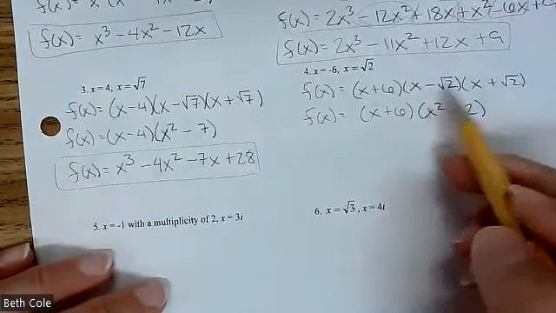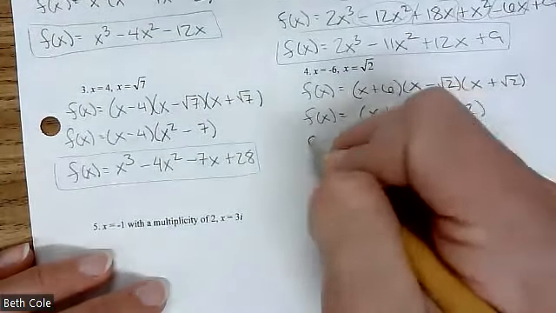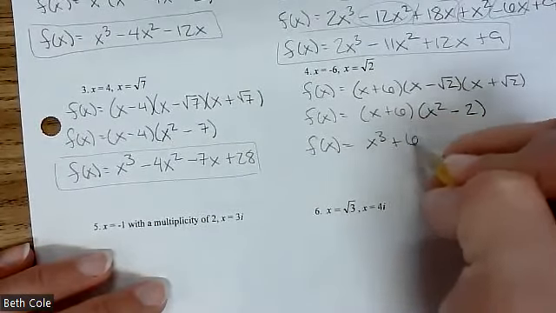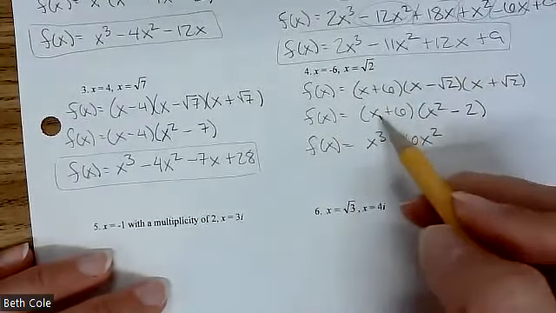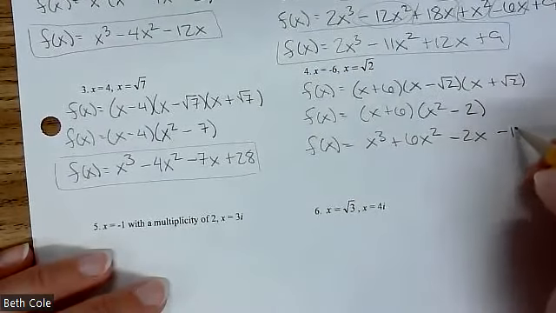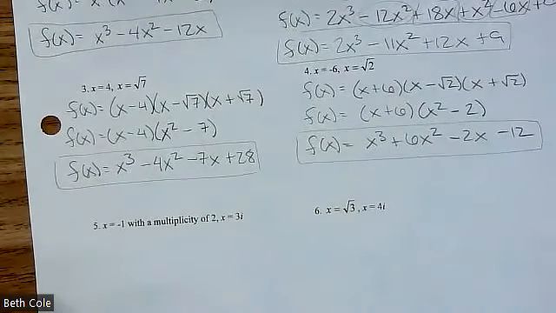Perfect. A negative times a positive is a negative, so it'll be minus. And then these roots cancel out. You just get 2. And then multiplying that together, it'll be x to the third plus 6x squared minus 2x minus 12. How did that go? Thumbs up, thumbs down, thumbs sideways?